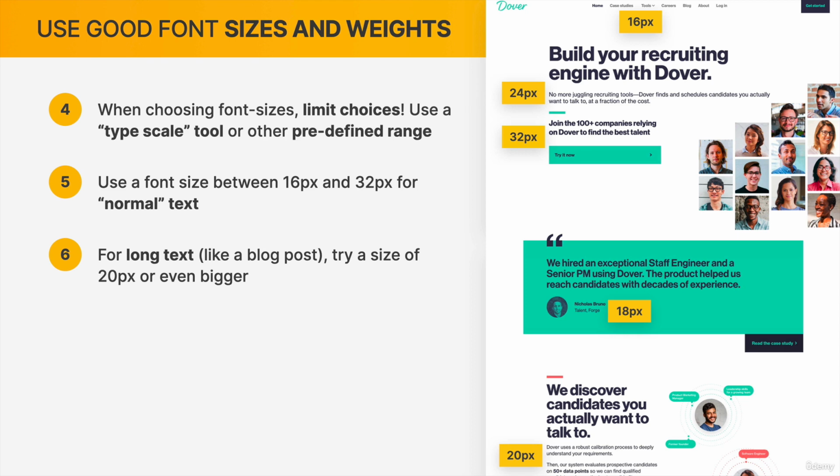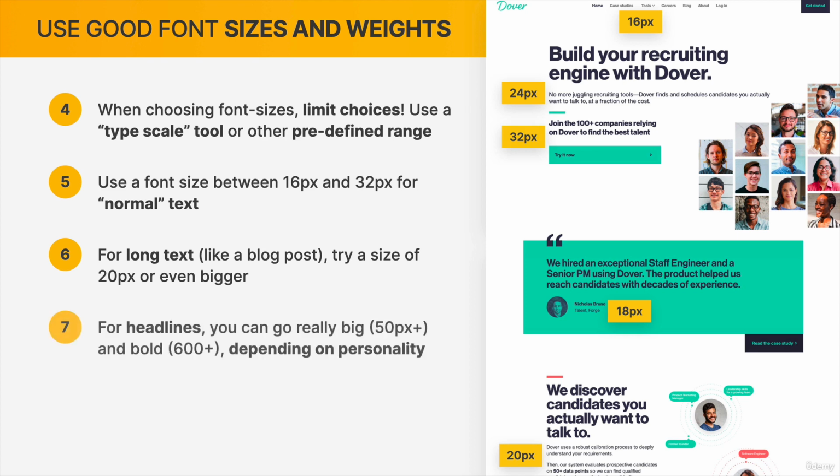But anyway, for big headlines, you can actually go really big with your font sizes, like even more than 50 pixels, and you can also make them really bold, like more than 600. We didn't learn about these bold values yet, but we will, maybe in the next lecture or maybe in our big course project.